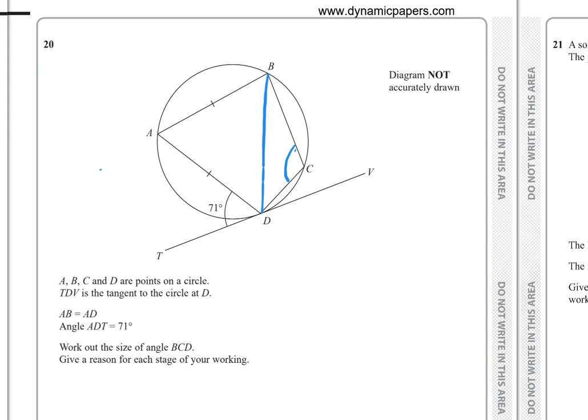This is called the alternate segment theorem. So this angle is 71. So now we can write angle ABD equals angle ADT equals 71, alternate segment theorem.